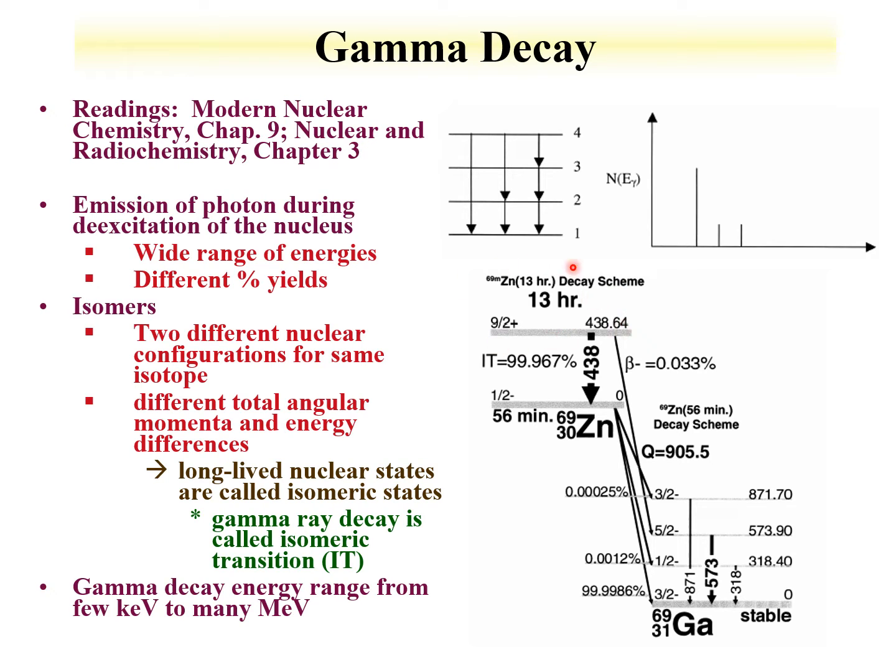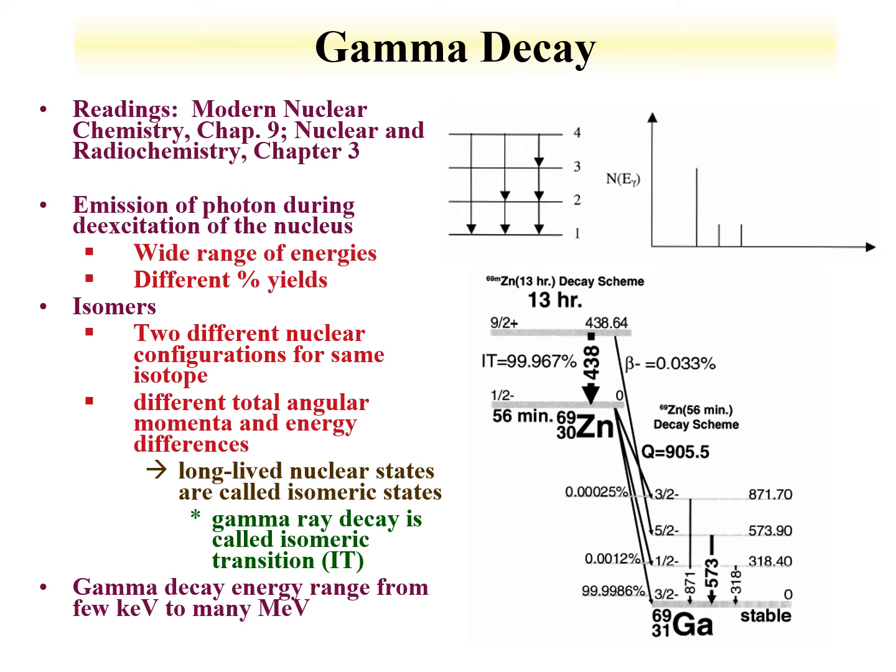An isomer, as we discussed earlier, is two different configurations of the same isotope. They have different total angular momenta and different energies. The spin and parity of the ground state and the isomeric state are different.